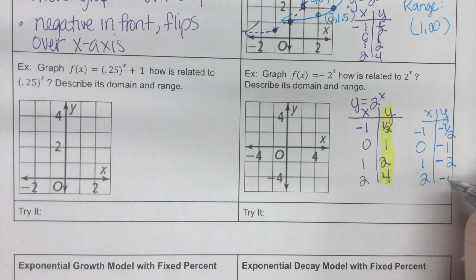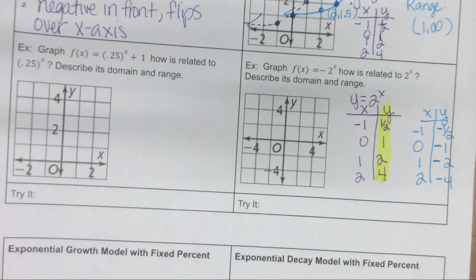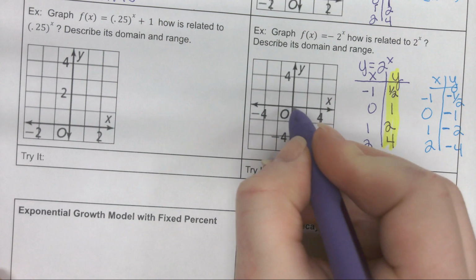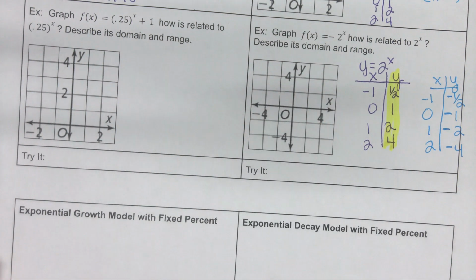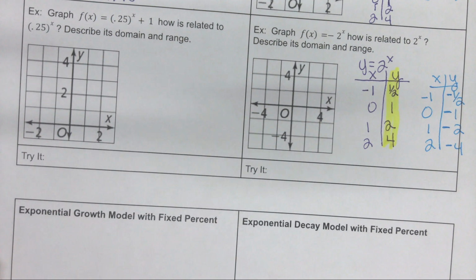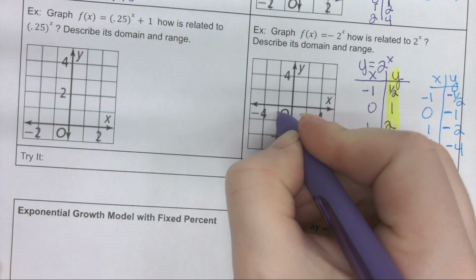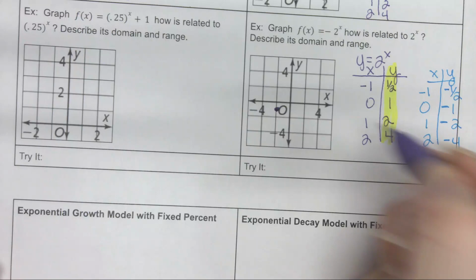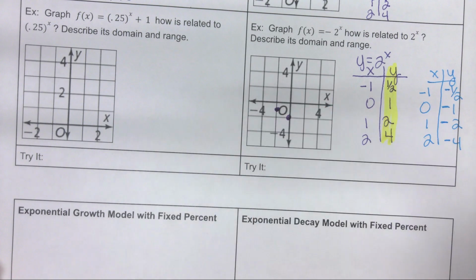And what I want to just show you is what that looks like on the graph. If I plotted those points, it would just be everything instead of up here would be down below the x-axis. So there's -1, -1/2, 0, -1.